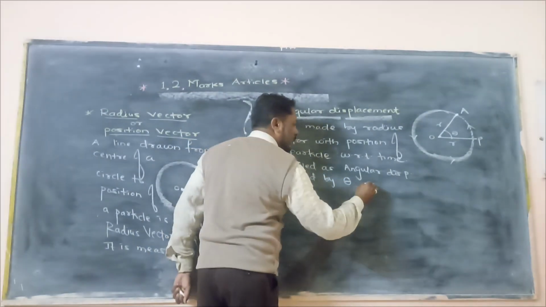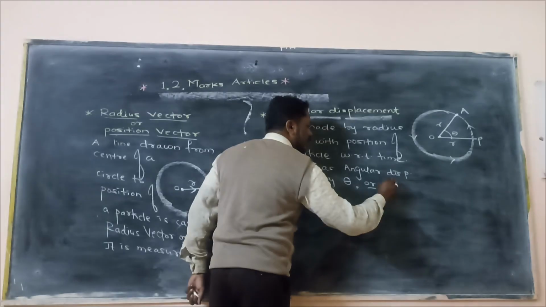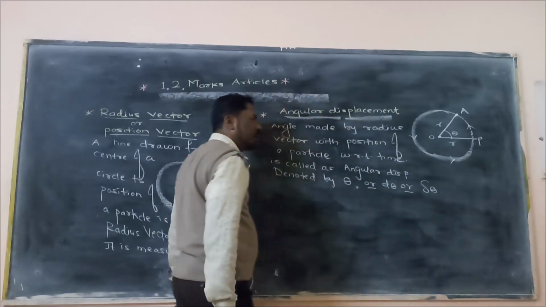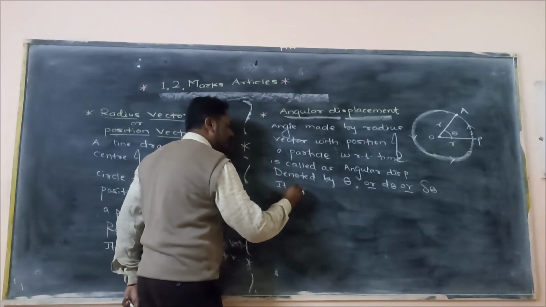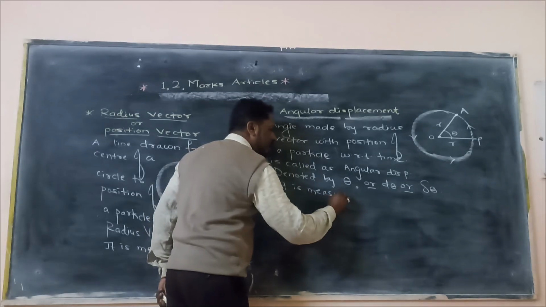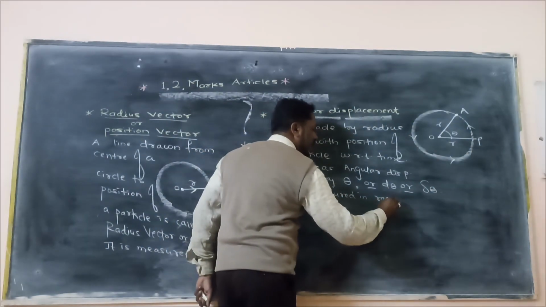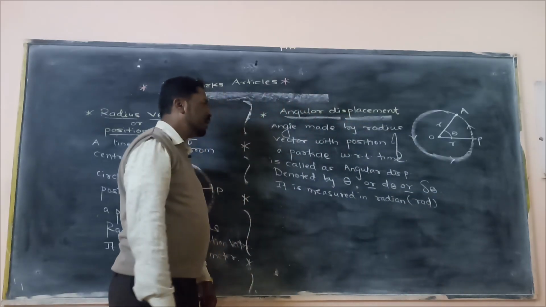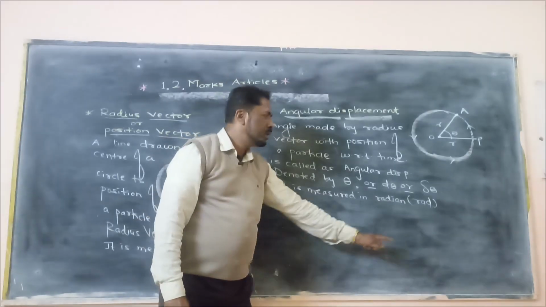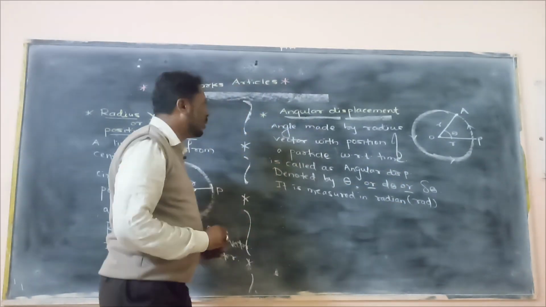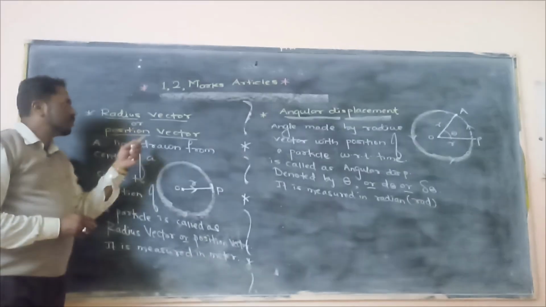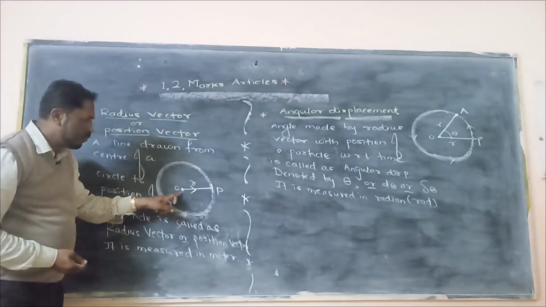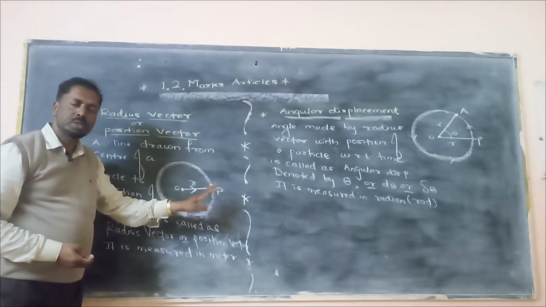It is denoted sometimes by theta, or by d theta, or sometimes by delta theta. It is measured in radian, represented as rad. So what we have seen here, starting from the radius vector: how does the radius vector take place? Just draw a line from the center of a circle to the position of a particle.